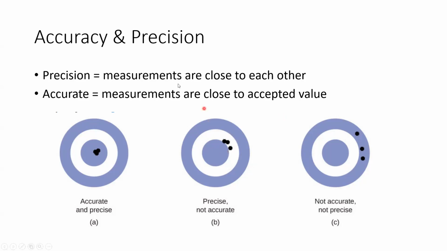And I'll put the X's again. I would say being precise but not accurate. So I would say the black dots in this case would be better, because what this tells us is there's one issue with whatever this experiment is. If we get these three black dots here in picture B, that tells us what we're doing is repeatable, but it tells us that there's some error. It may be something that we do consistently wrong.